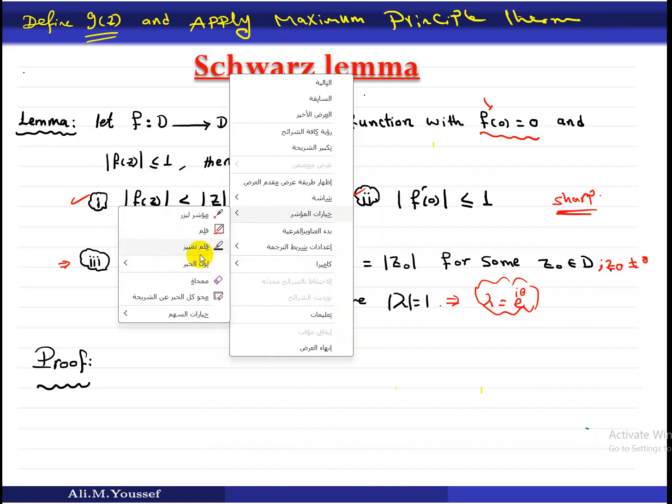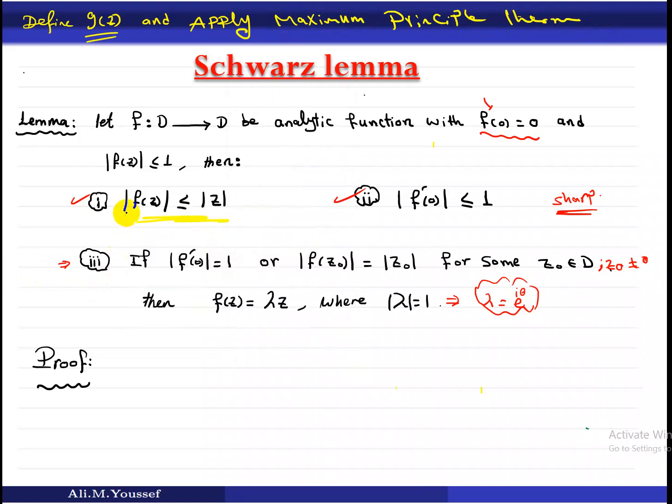So let's see, how can we construct the function g(z) to find f(z) over z and f'(0), because we want to prove these two inequalities. So let's start from the Taylor expansion. Why? Because we have the function is an analytic function.